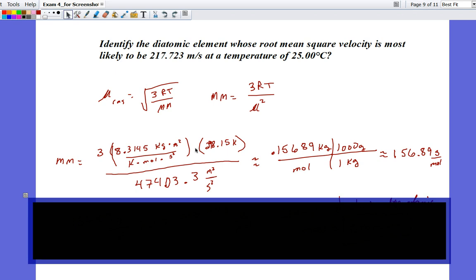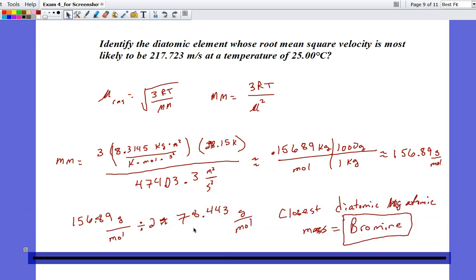So you multiply straight across, divide by the bottom, and you'll get kilograms per mole, which you need to convert by multiplying by 1,000, and you get 156.89, or approximately that, and you divide it by 2, and you get 78 point something, which of your diatomic elements, average atomic mass, it's closest to the element bromine for that one.